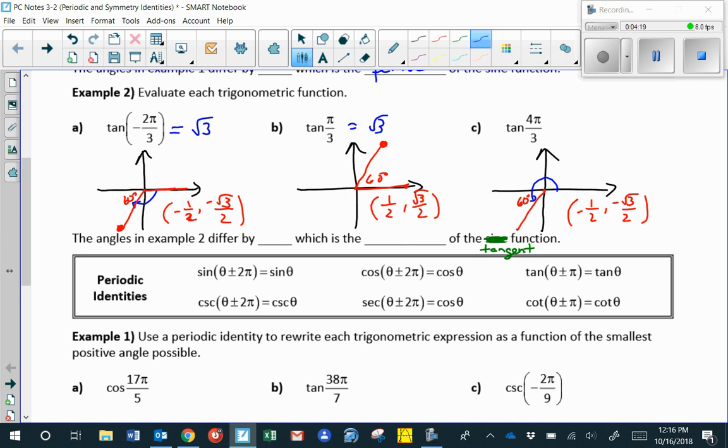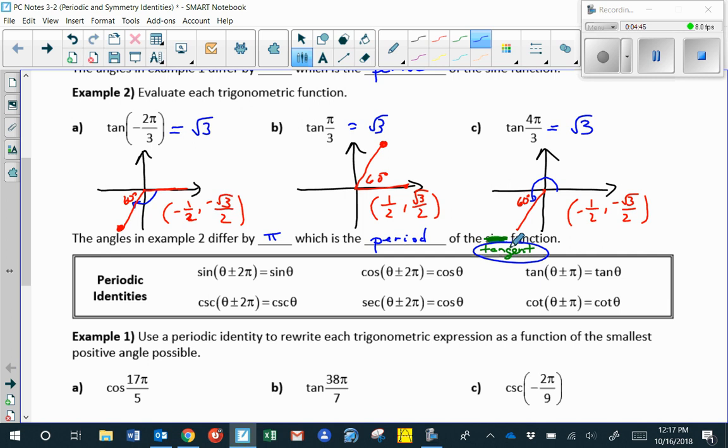The tangent is the second coordinate over the first coordinate, and so the tangent is, again, positive square root of 3. All of these angles differ by pi, which happens to be the period of the tangent function. Please change this typographical error in your notes to the word tangent.